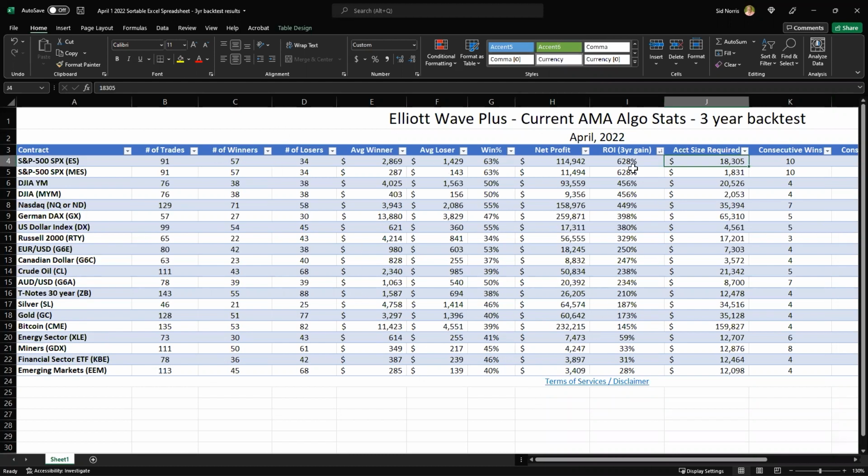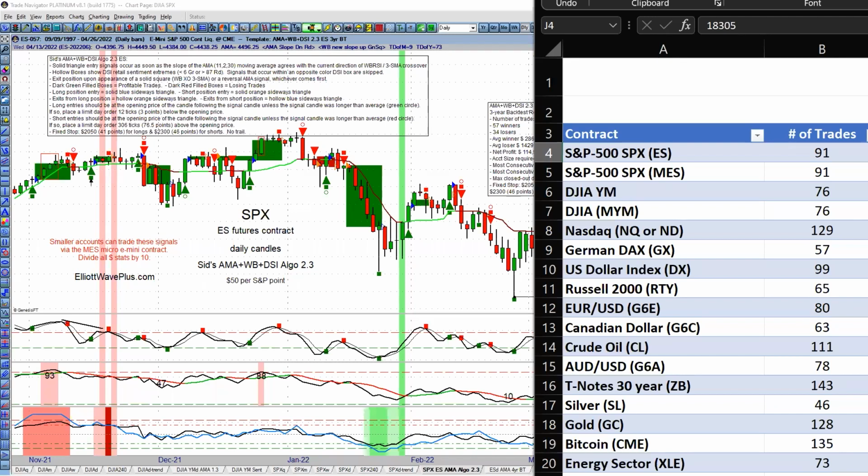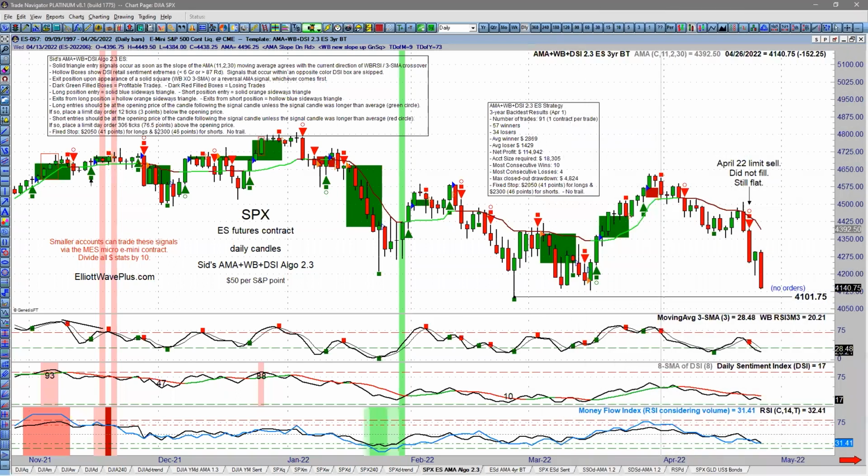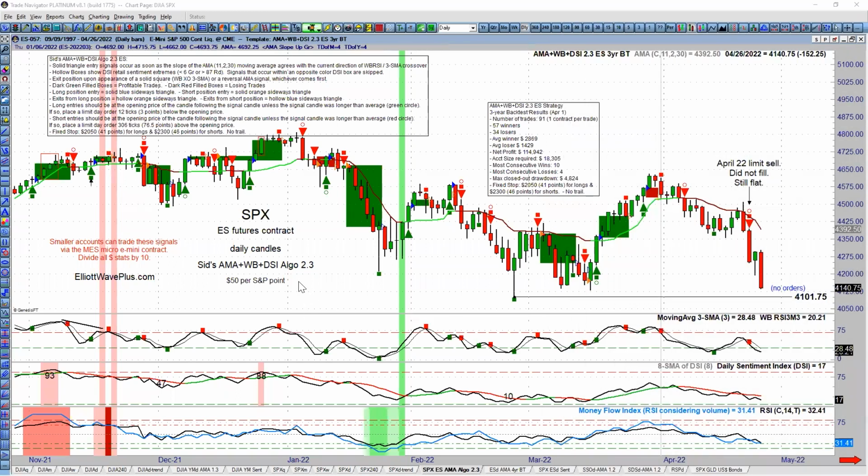You'll be able to sort it in a number of different ways and decide what you think is the best item to trade currently. And it's almost always either the ES contract or the YM contract, but who knows? Back a couple of years ago, it was Bitcoin. Maybe even less than a year ago, it was Bitcoin.